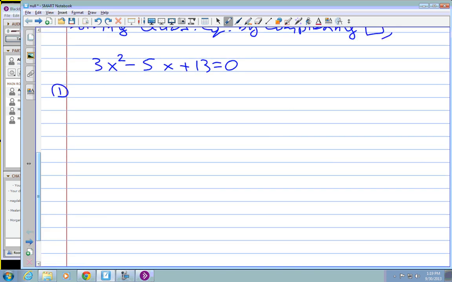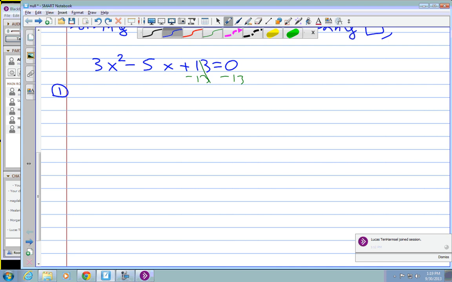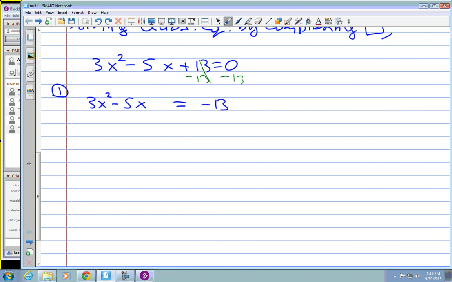The first step when solving equations by completing the square is to get rid of that constant, that 13. Subtract 13 from both sides. So this is step 1. That will give us 3x squared minus 5x equals negative 13.